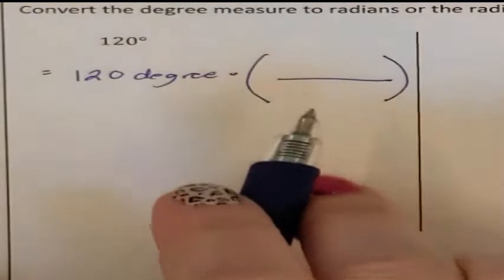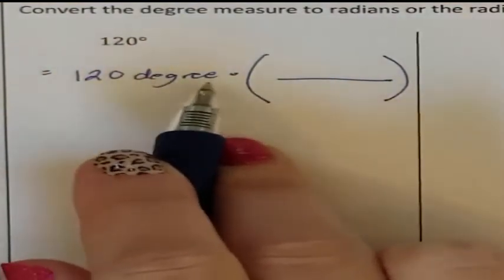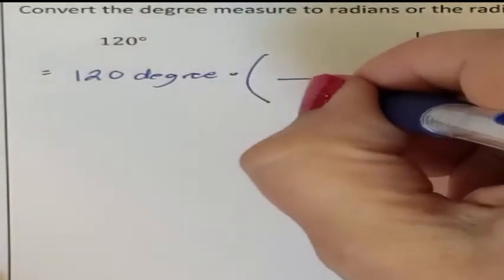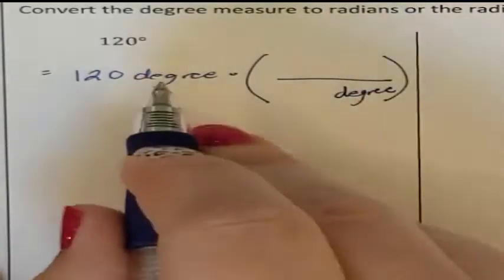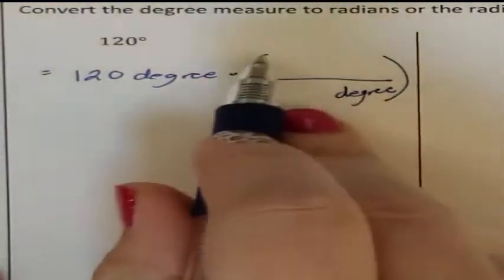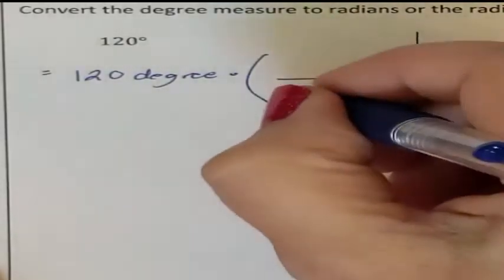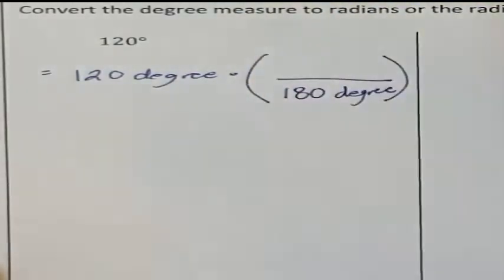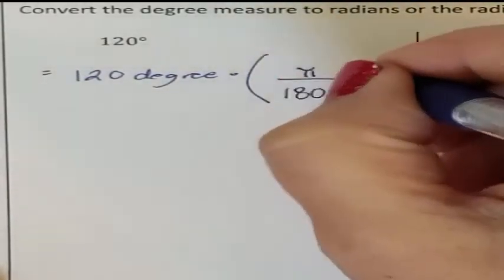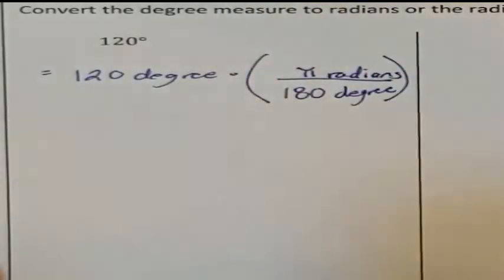But this is a special fraction equal to 1, in that since the degree is what I want to get rid of, I need to have degrees in the denominator so that they would one each other out when I multiply. This needs to be my conversion fraction. So since degrees is on the bottom, we know 180 degrees is the same as pi radians. So this is going to be our conversion ratio.